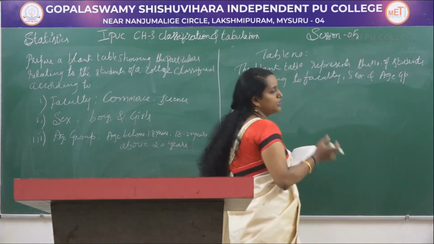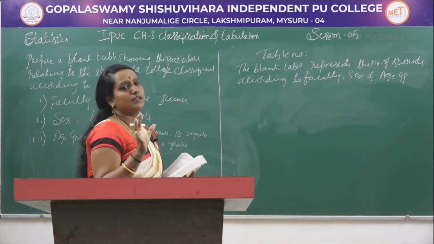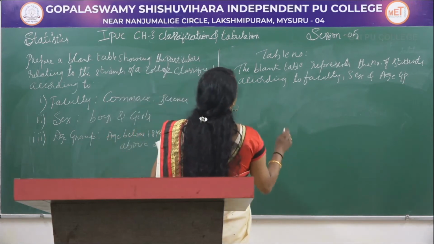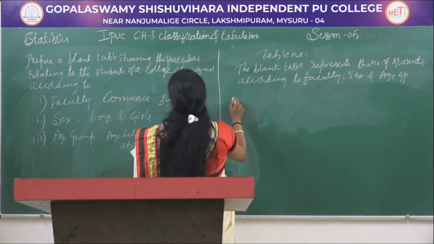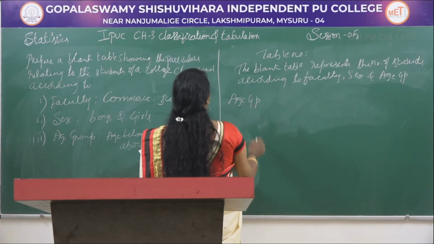So this is the title of the table. This title shows whatever information is there in the particular table. So for the row headings we will take the age group. Okay. So age group I will take in a row called the row heading.